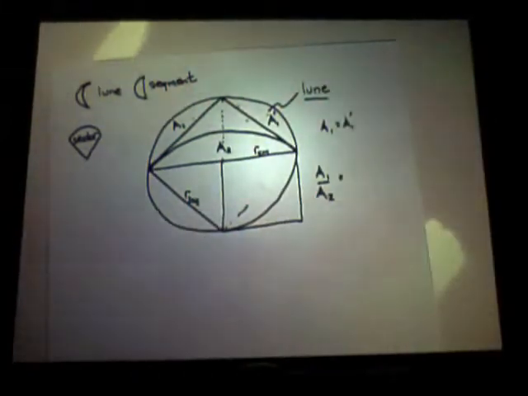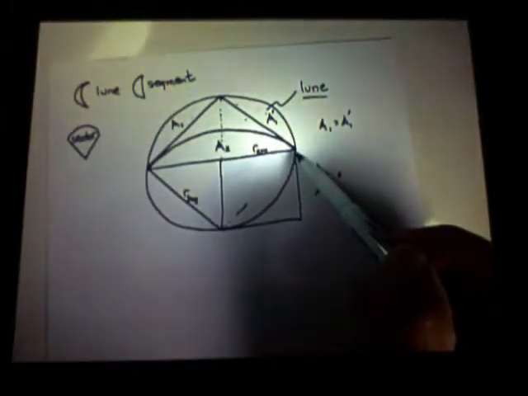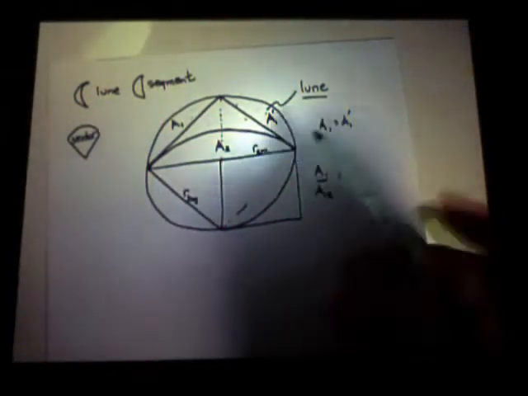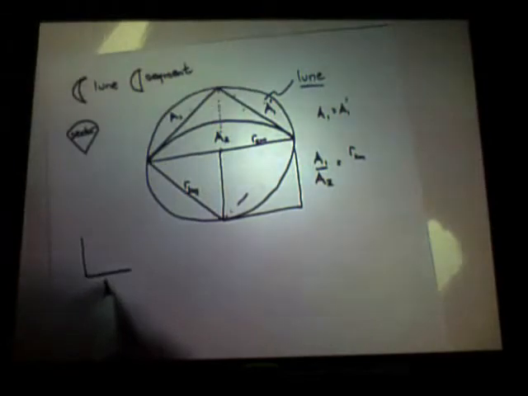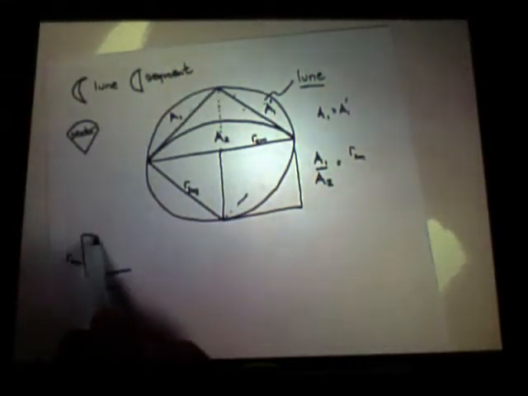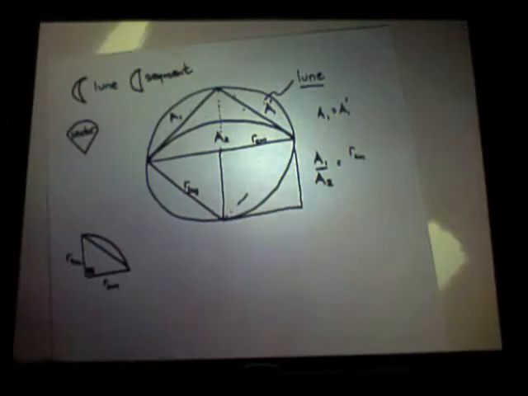If you complete that triangle there, the base of A1 has a characteristic dimension r small, right? This is the picture that I'm looking at. This is r small, so this is also r small. 90°.